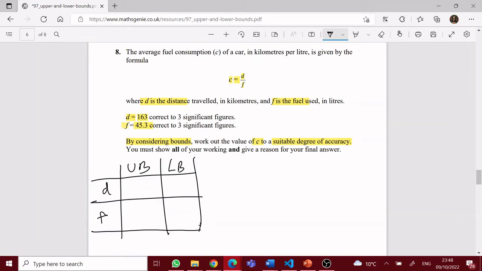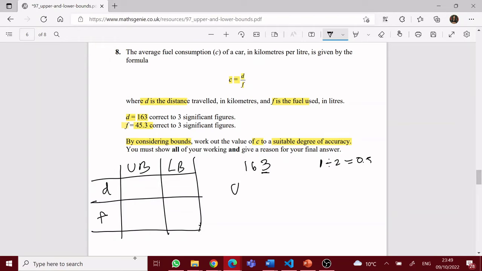What is the upper bound of 163? This is why I said don't worry about the 3 significant figures. Always look at the number and then look at the last digit. Here 163 is rounded to the nearest whole number, the nearest one. Divide that by 2 and you get 0.5.